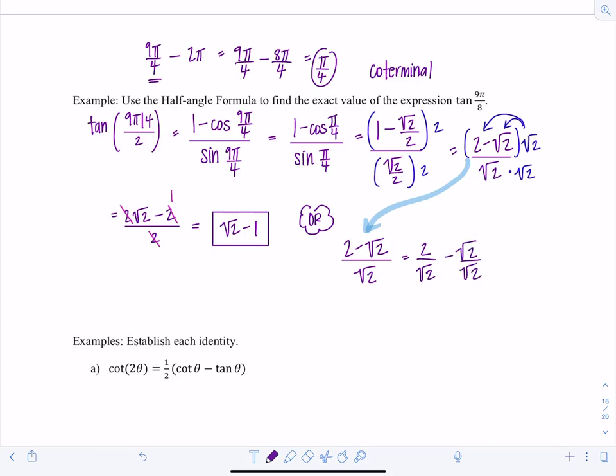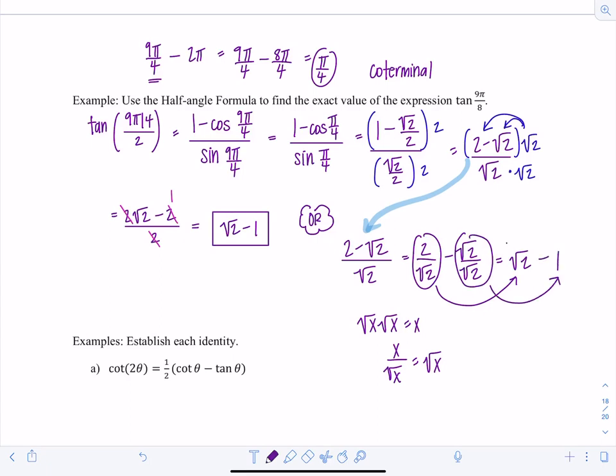Well, what's 2 divided by rad 2? Think of it this way. We know rad x times rad x is x. So if you have x over rad x, that's rad x. So this is just going to give me rad 2, and this is 1. I think that's faster, but not everyone sees that, so it's okay.